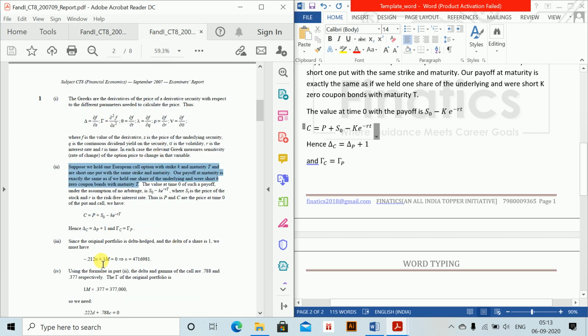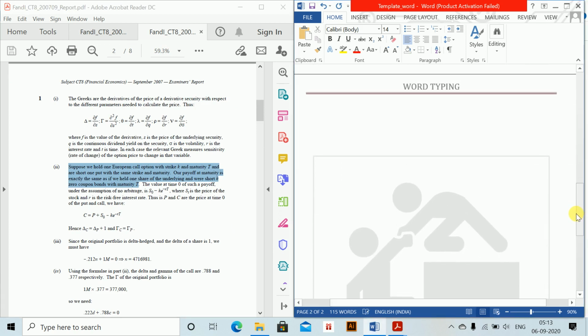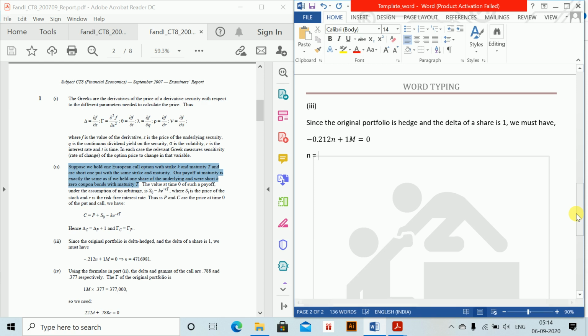Since the original portfolio is delta hedged and the delta of a share is 1, we must have minus 0.212 N plus 1 is equal to 0, or N is equal to 4716981.